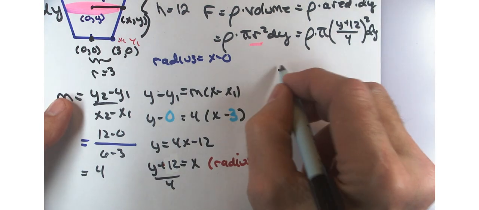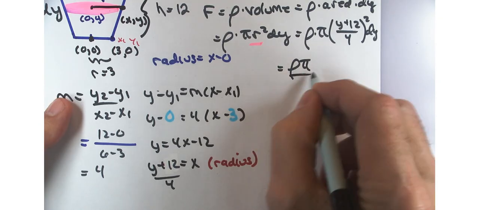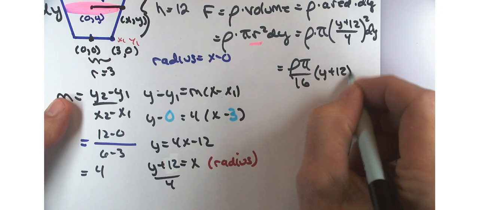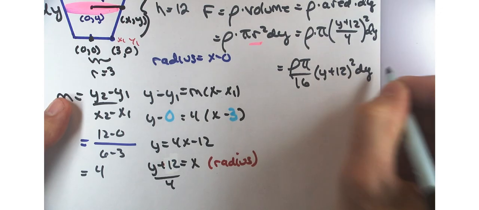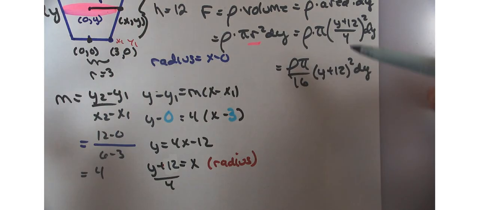I'll take that 16 out in front, along with the rho and the pi, and just leave behind y plus 12 squared dy. All right, so there's the force.